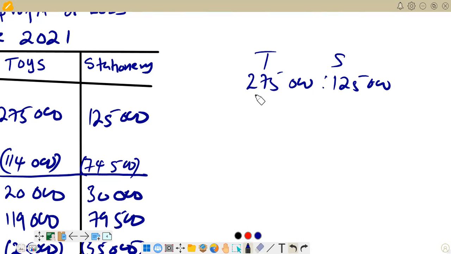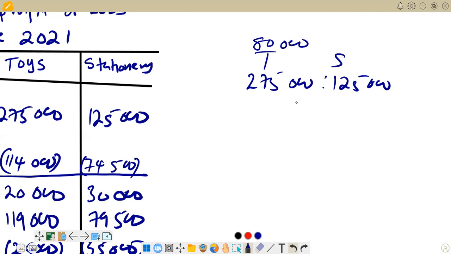So we are saying 80,000 is the figure that we are going to apportion between the two. So this is the ratio. We add the 275 plus 125, and we are going to get 400,000.